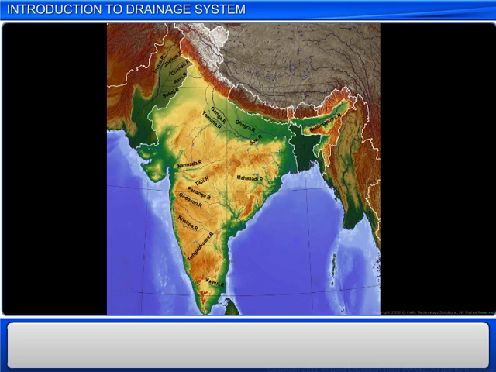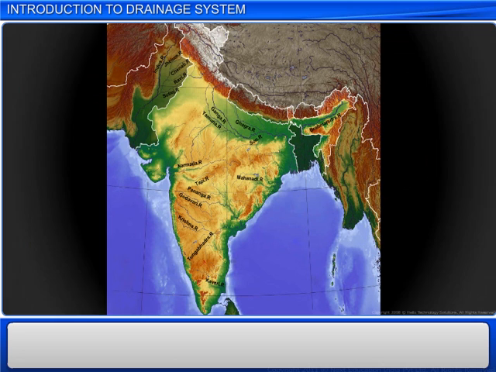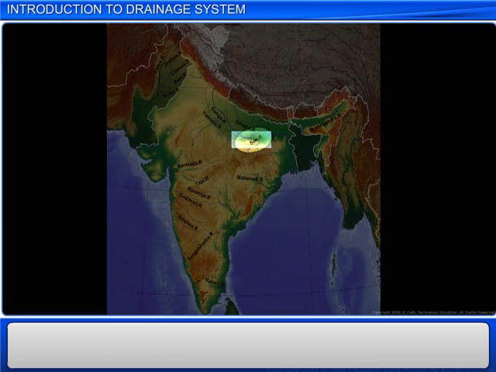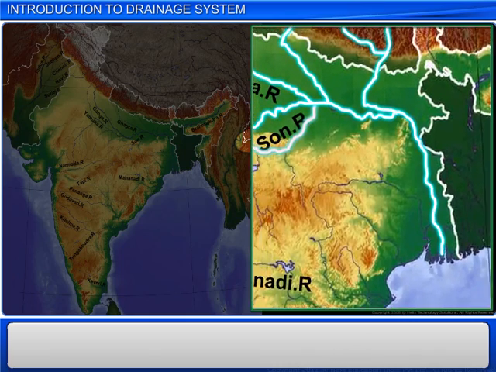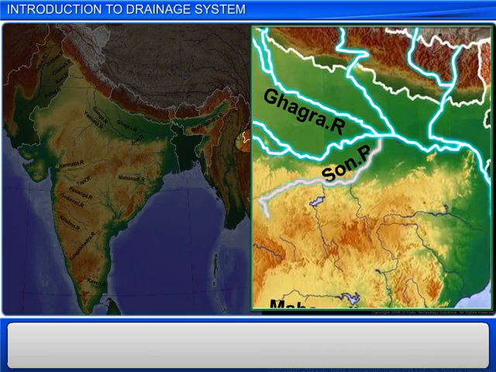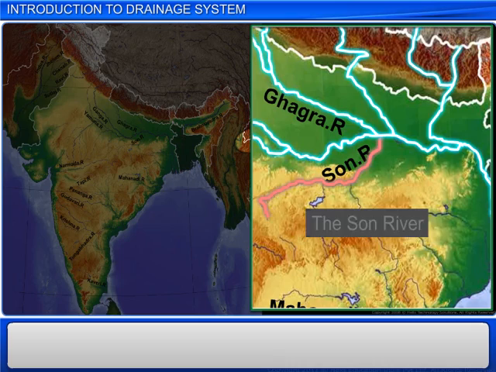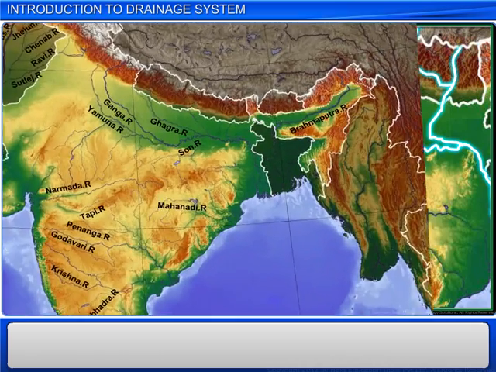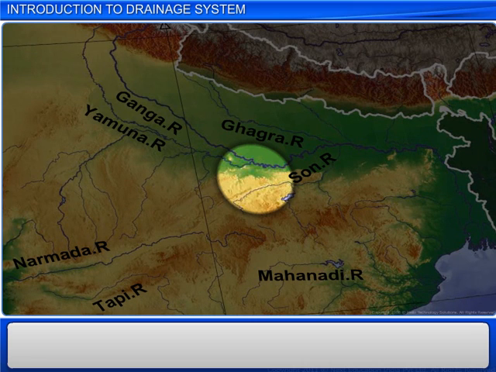For example, if you trace the Ganga upwards, you will come across a tributary of the river, the Son River. The elevated area that you see in between is the Kaimur range, and hence this area can be called a water divide.